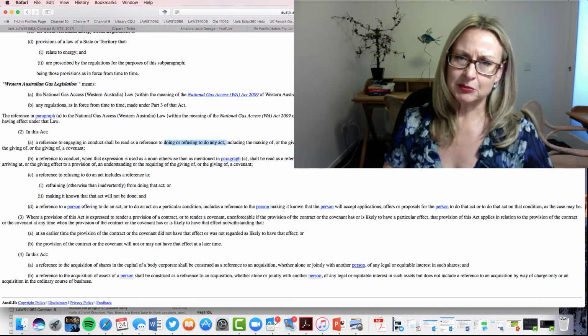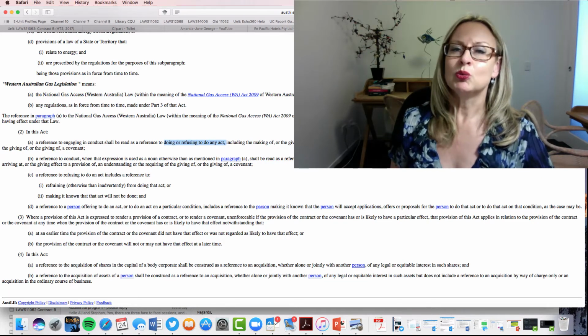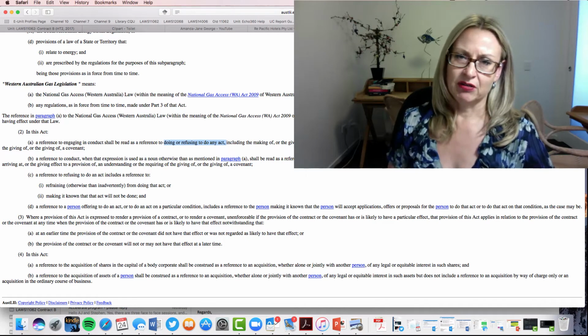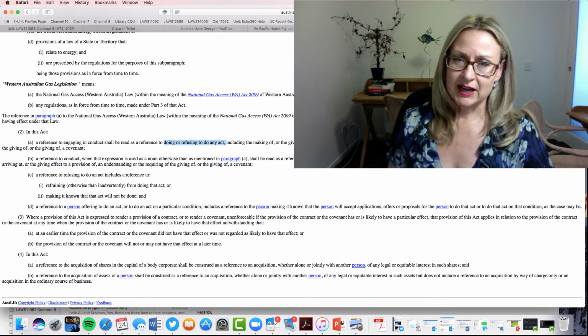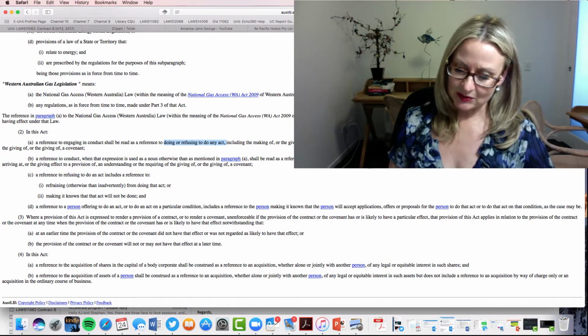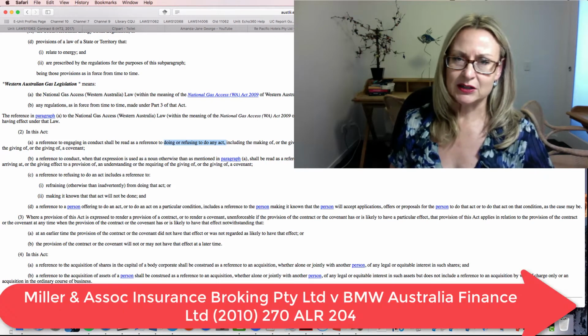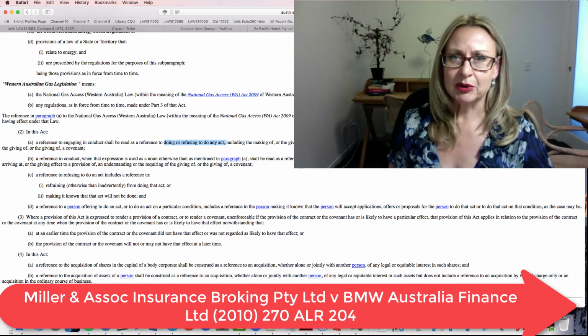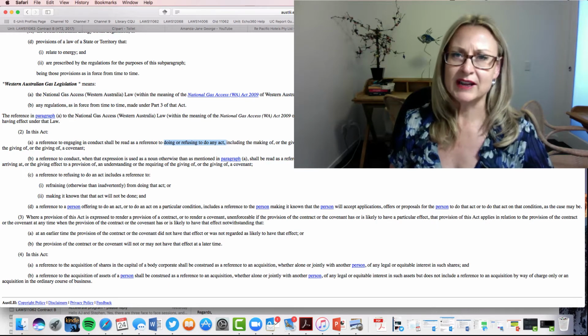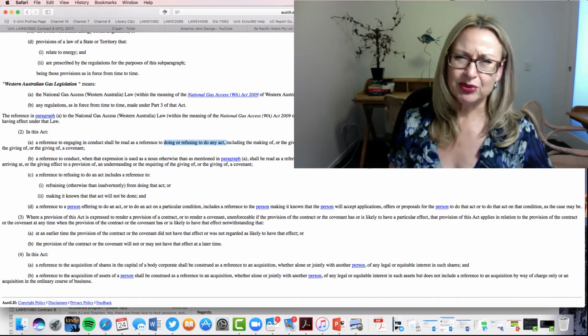The test is simply, was there a reasonable expectation that whatever was not disclosed should have been disclosed? Now, if there is that reasonable expectation, as they held in a case called Miller and BMW, then you're going to have to speak up, okay? Pretty simple test and pretty simple guidelines, really. It's just common sense.